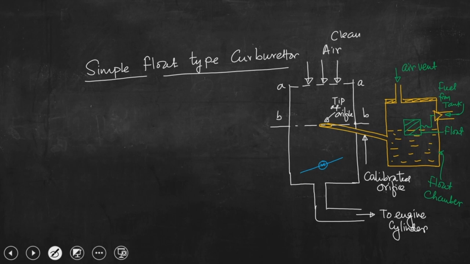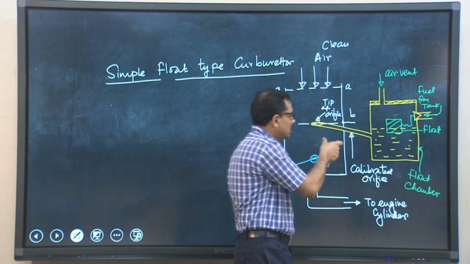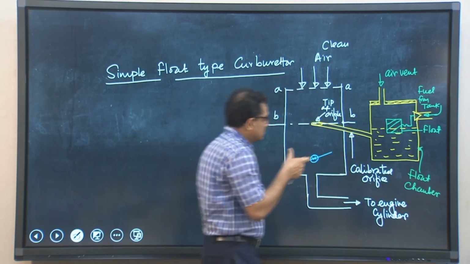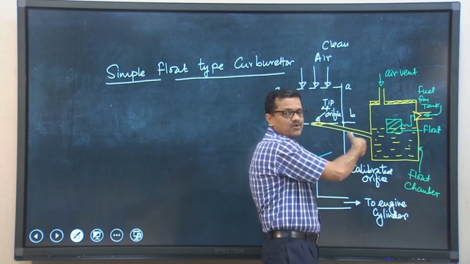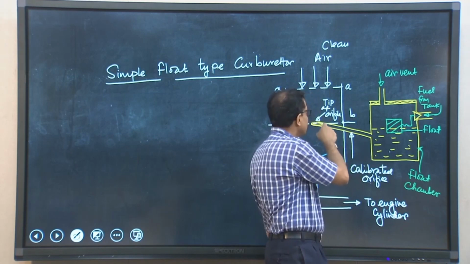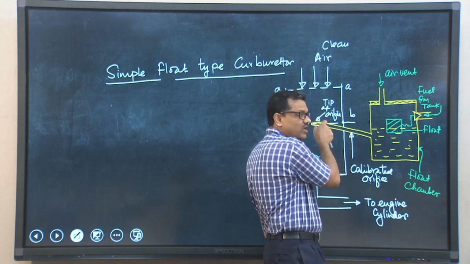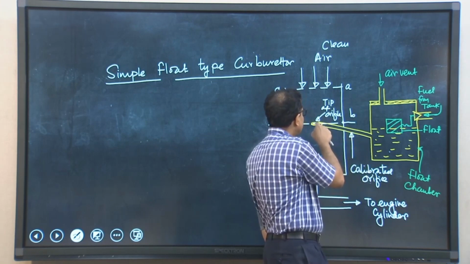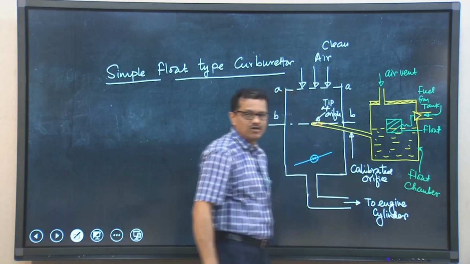What did I say? I said that when air will flow through this pathway, the flow of air also will try to induct certain amount of fuel that is required for that specific operation from the float chamber into this pathway, that is some fuel will be injected through this calibrated orifice and it will be discharged at the tip of the orifice.